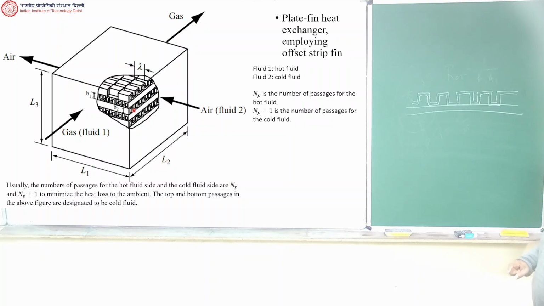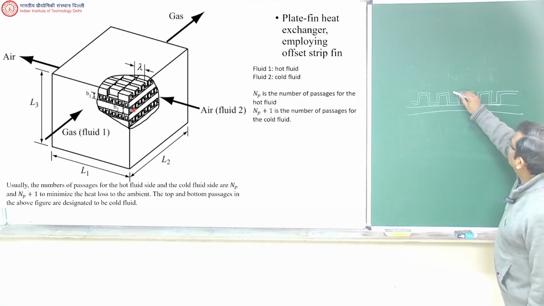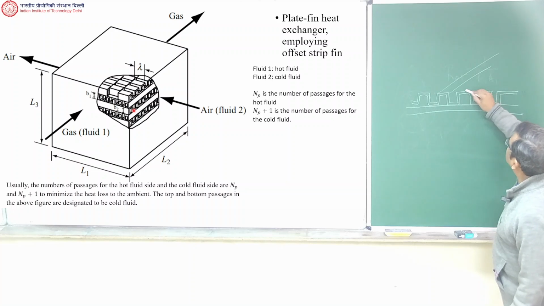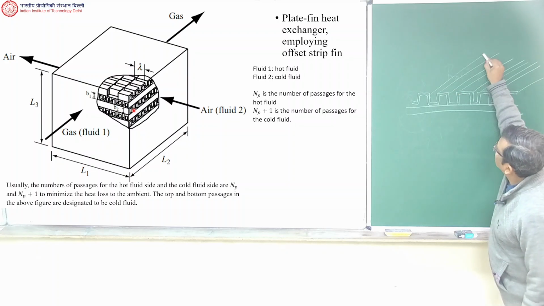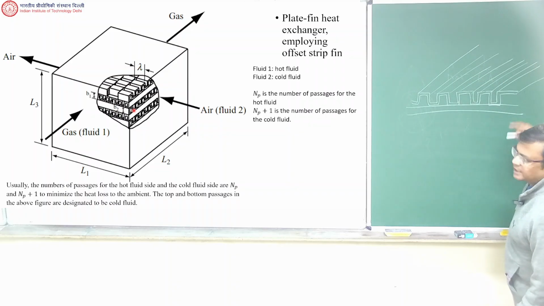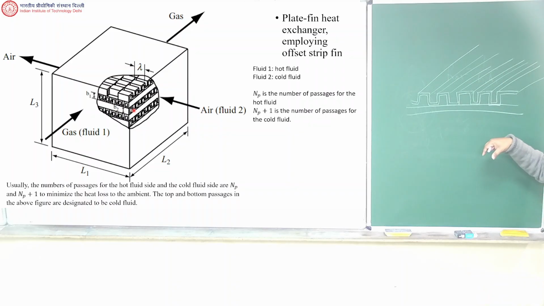So this is one observation. The other observation is that if you look at the top layer carefully, you will see that what I had drawn seems to imply that the way I had drawn, it was like this, like ribs on a surface. But it's not actually continuous.